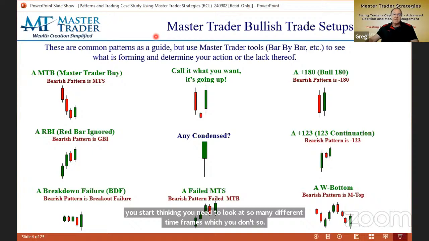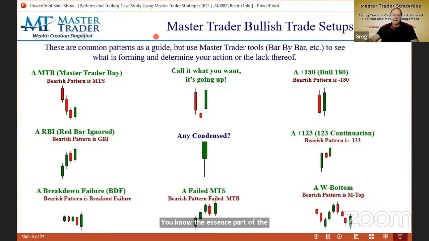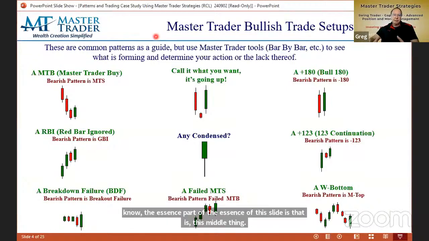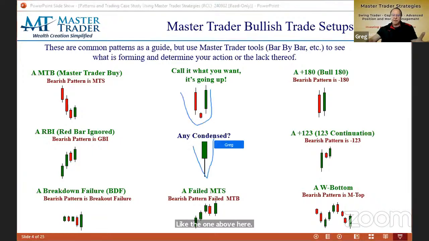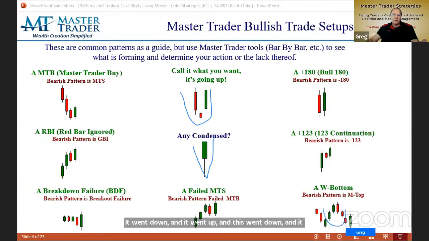So part of the essence of this slide is this middle thing, any condensed, because as you condense information, you're condensing it. Like the one above here, it went down and it went up. And this, it went down and it went up. And so many different ways it went down and it went up, and it can look like different things.